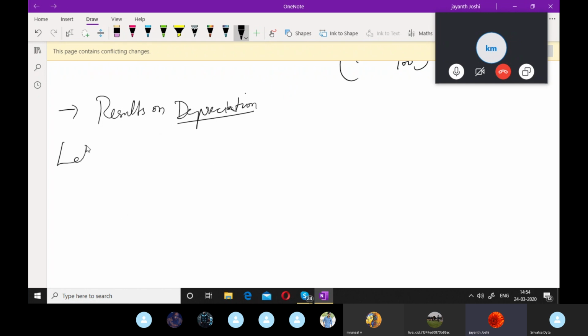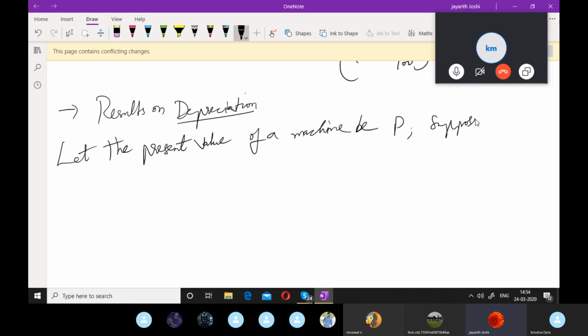So let the present value of a machine be P. Suppose it depreciates at the rate of R% per annum.